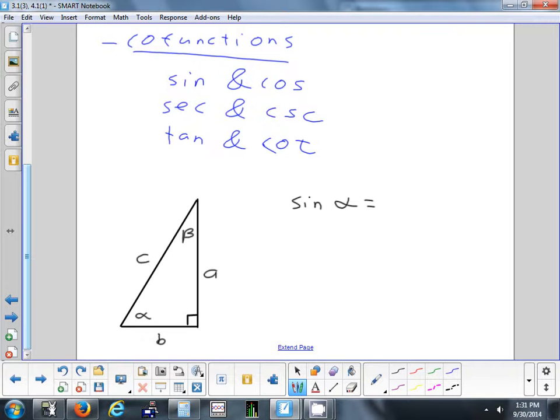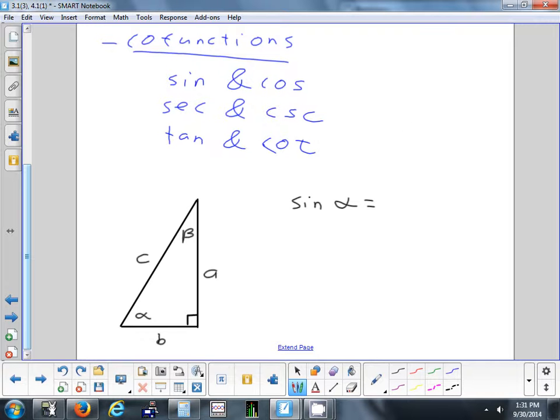We always label our sides A, B, and C. That's usually the way you do it in the Pythagorean theorem, so I've used that. Same idea here. But how about these letters that I used for the angles? What kind of letters are those? They're Greek letters. We're always going to use Greek letters to represent angles.